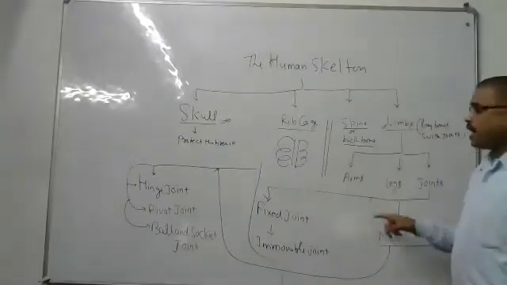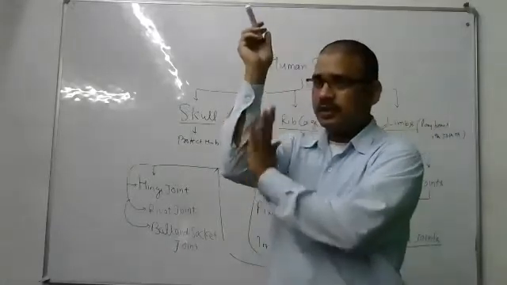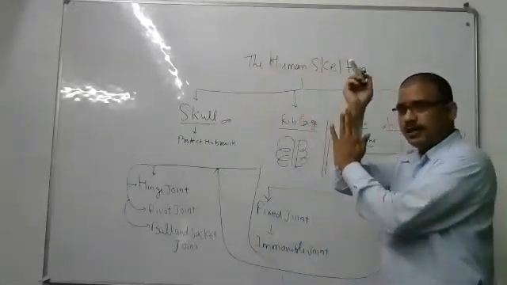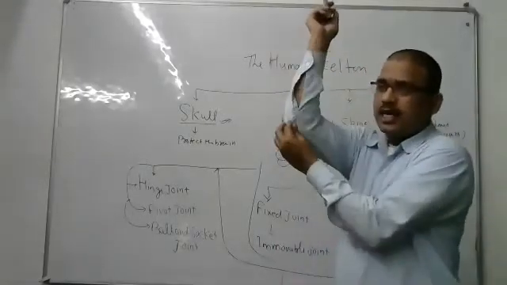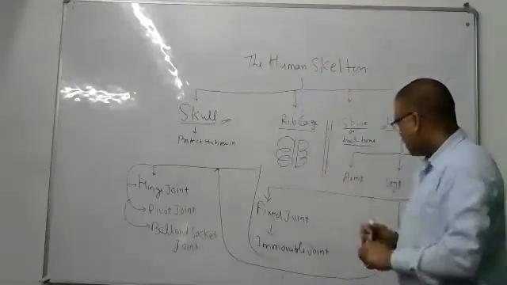Now these limbs are arms. These are the arms. Arms are attached with joints. This part is a joint. Again, there are legs.